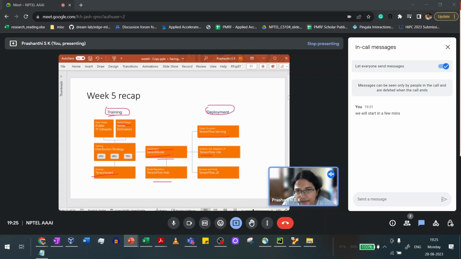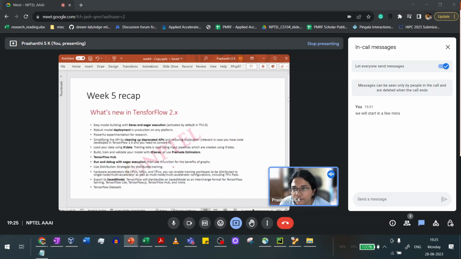And you have a separate variant of the framework called TensorFlow Lite, which is intended for mobile or edge devices, things like Raspberry Pi or your smartphones with Android or devices with iOS. And here you have TensorFlow.js, which gives you visualizations on the browser and things like that. So this is broadly what TensorFlow offers.